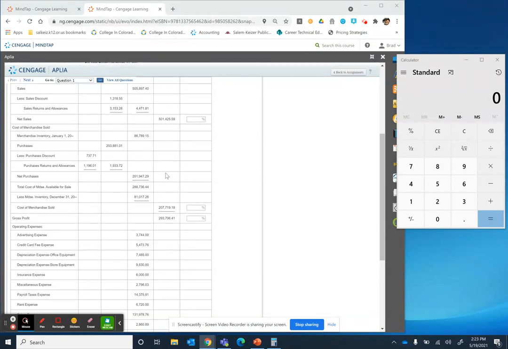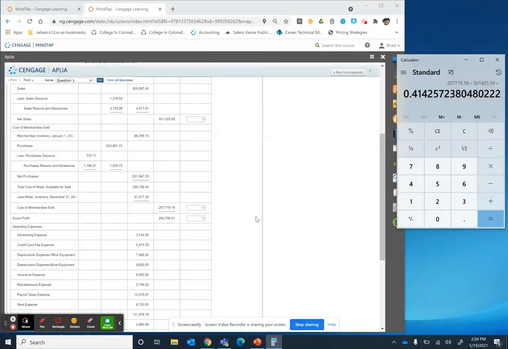I'll do the first couple for you here, and then I'll just give you those numbers. So the first one here, we're looking at the percentage of sales of cost of merchandise sold. So I'll take $207,719.18 divided by our net sales, which are $501,425.59.